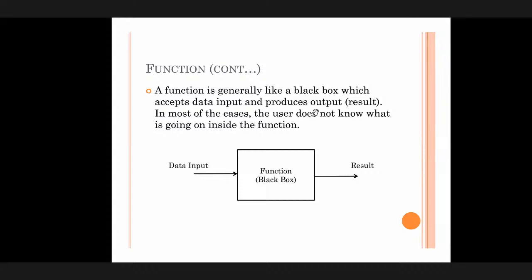Coming to the next slide, a function is generally like a black box which accepts data as input and produces output. In most cases, the user does not know what is going on inside the function.